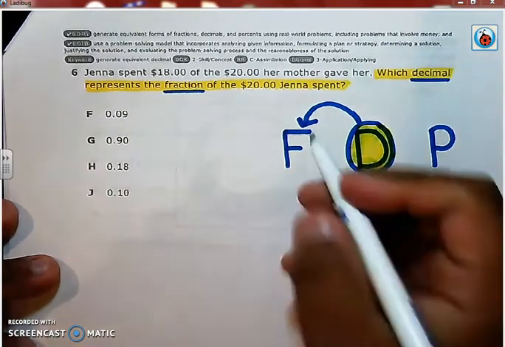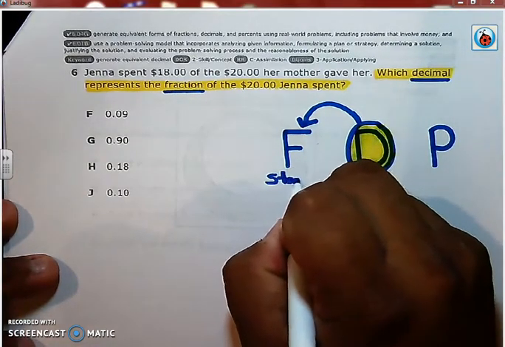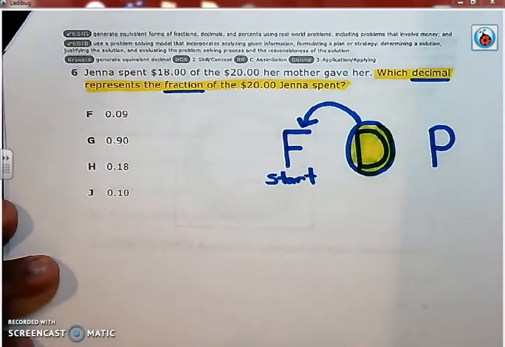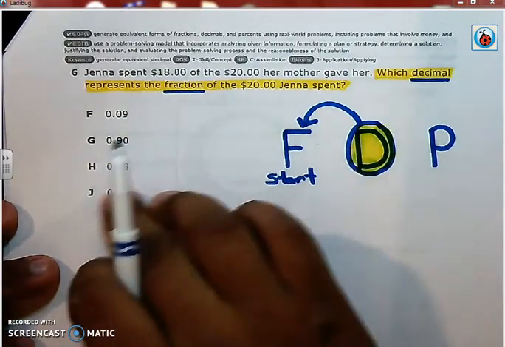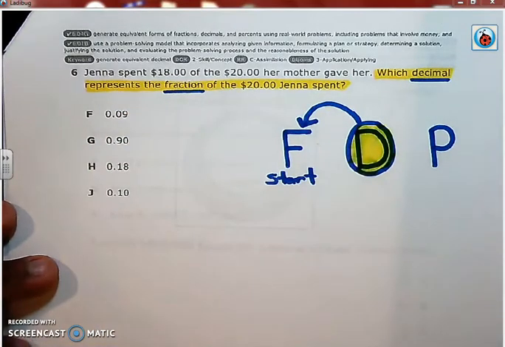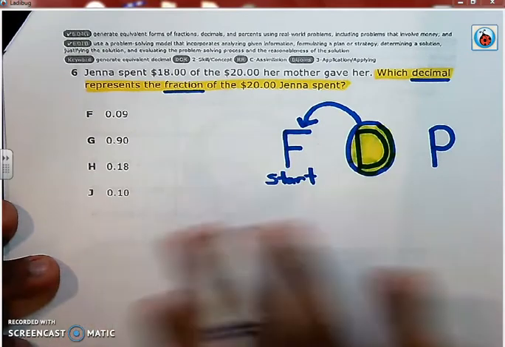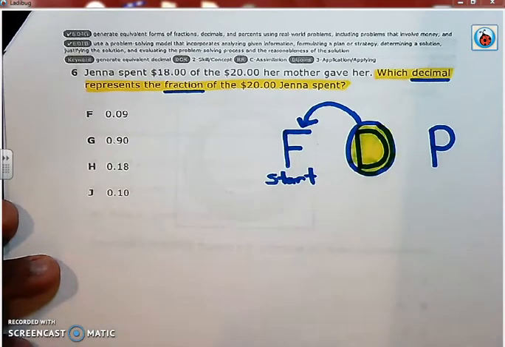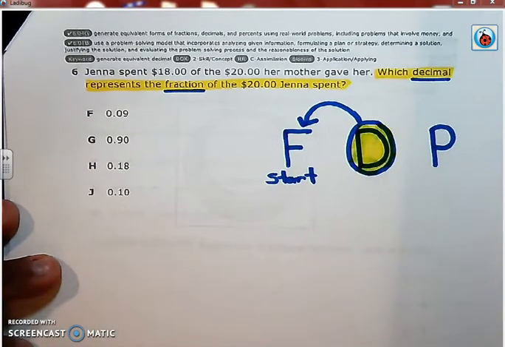You have to start there with a fraction. So now I'm going to look at the problem. The only thing is, I don't see any fractions there. So because there are no fractions there, that means I have to come up with my own fraction.